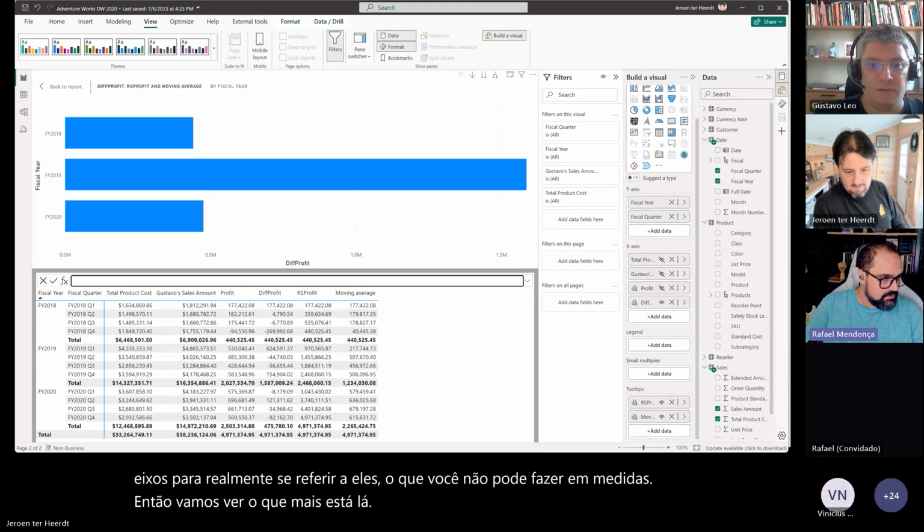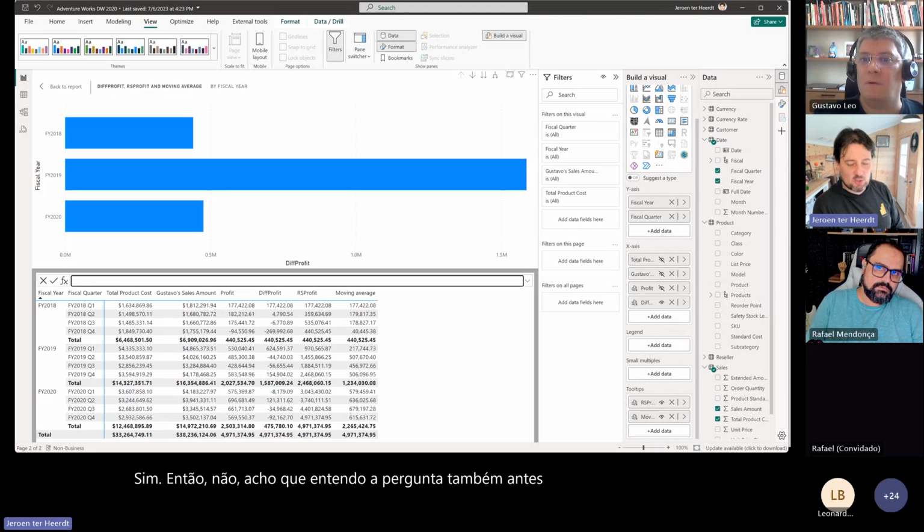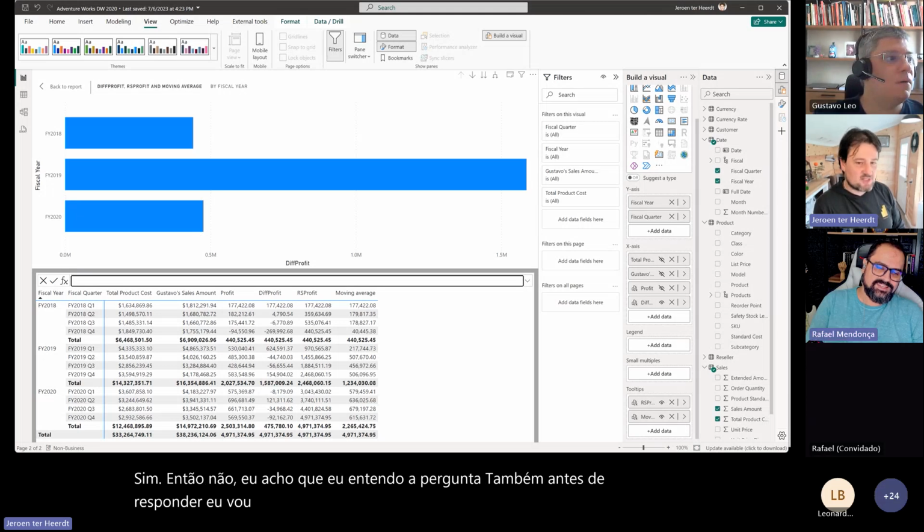Another question from Vinicius. With the explanations, isn't there some optimization plan for the DAX engine itself to identify that the calculation could be done how visual measures work? I think I do understand the question. Also, before I answer, I will be very annoying and very pedantic for a second.